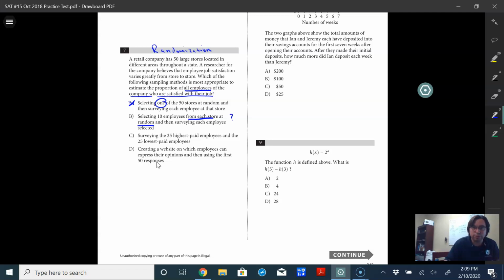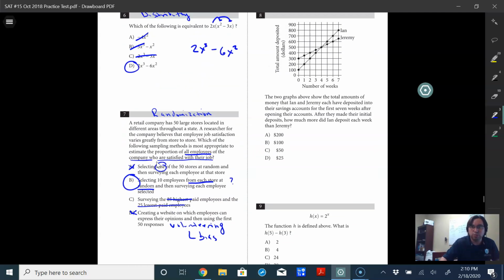No, that's definitely not it, because that's not a random sampling. D, creating a website in which employees can express their opinions and then using it first. No, that's volunteering of responses. Any volunteering of responses is not a legitimate poll and can lead to bias. So B is the answer choice on this one.